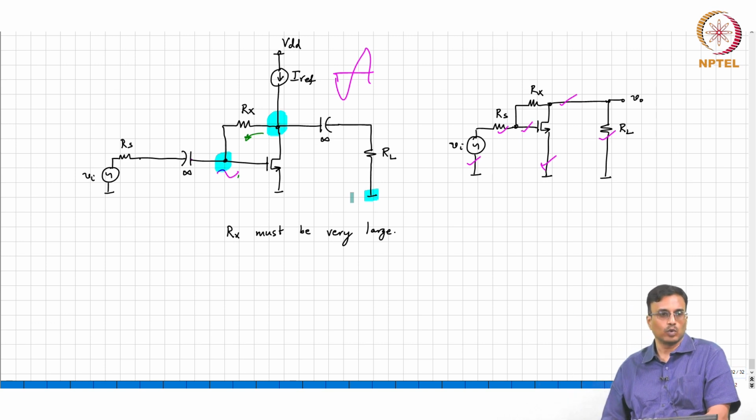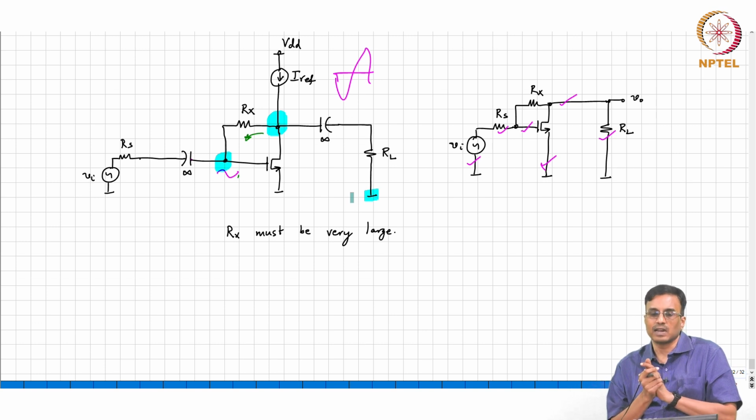So, if Rx and RL are comparable, then the current flowing through both of them will be comparable. That means the current that the transistor is pumping out is only partly flowing through RL.